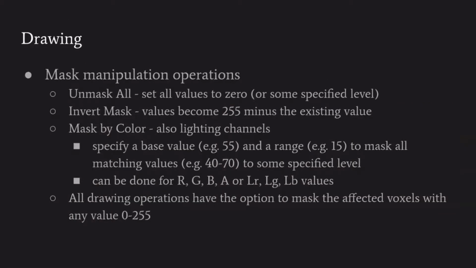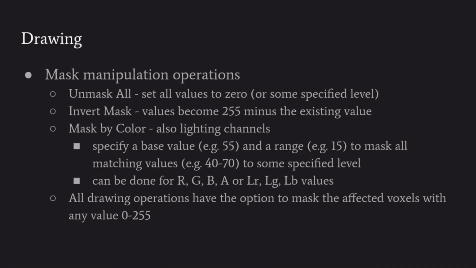The ways that those are set, there are two universal, sort of Boolean type operations here. Unmask all, or set all to some level, and then invert mask, which inverts it. So a value of 0 becomes 255, 255 becomes 0, this type of thing.